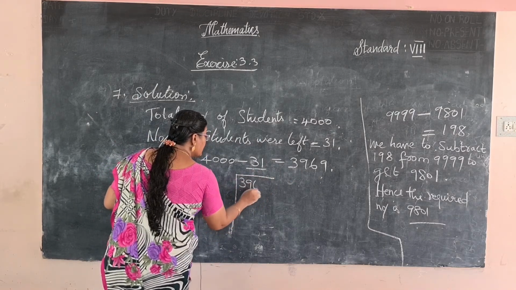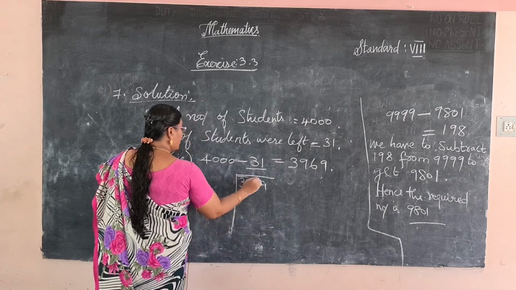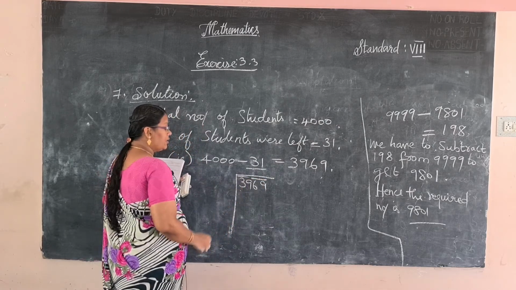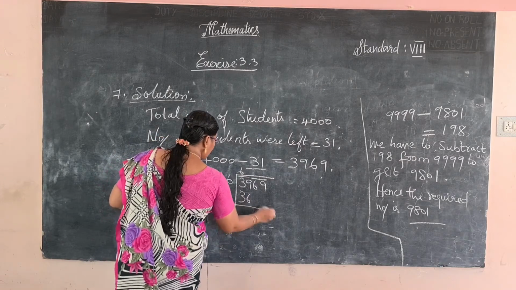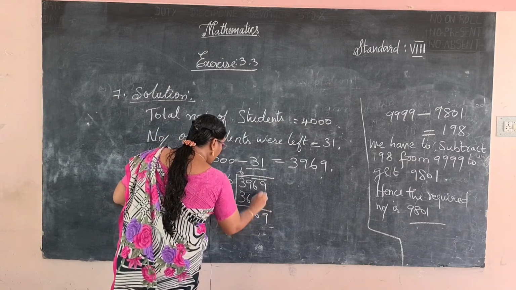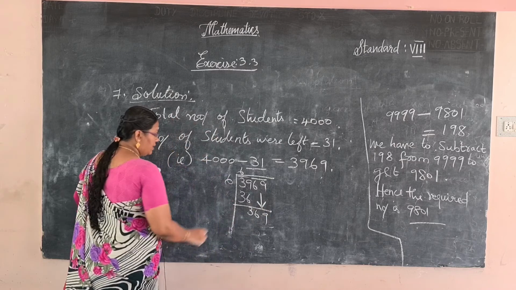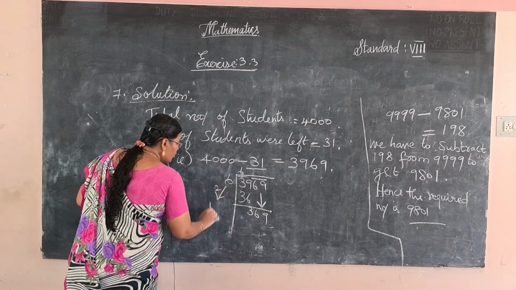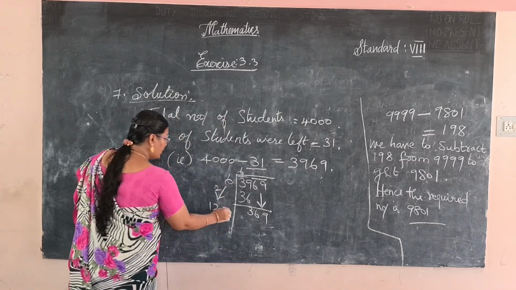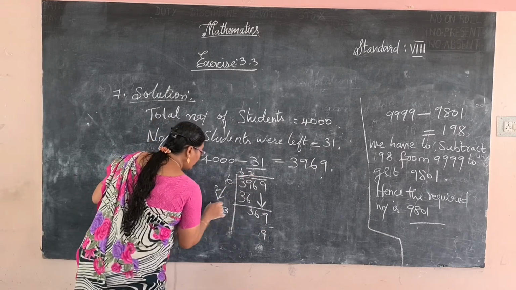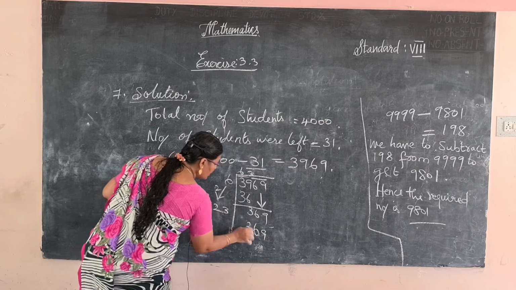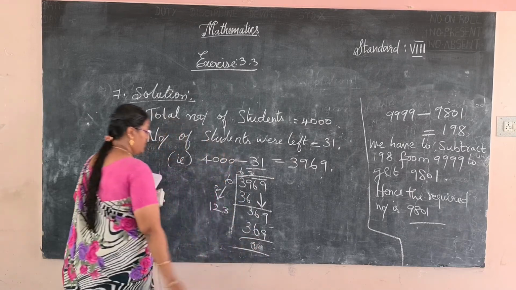So 3,969. What is the value? How many squares in 39? 6 6s are 36. Remaining 3. Now bring down the next digits. Multiply by 2, 12. So 3 times: 3 3s are 9, 3 2s are 6, 3 1s are 3. The remainder will be 0.